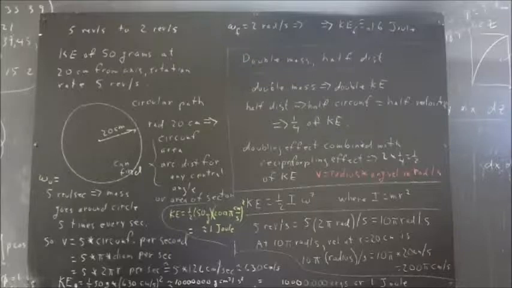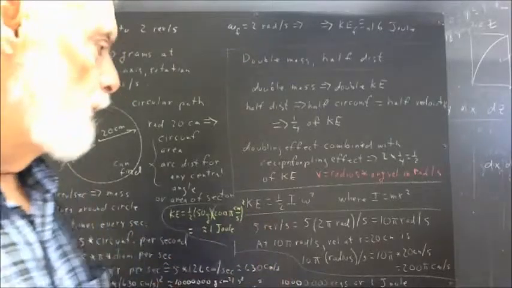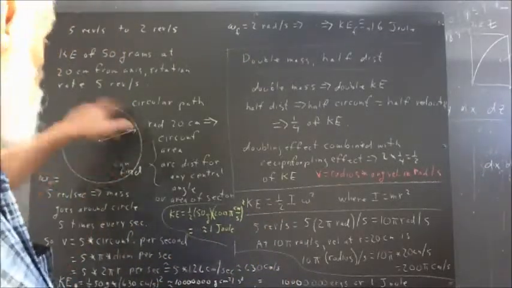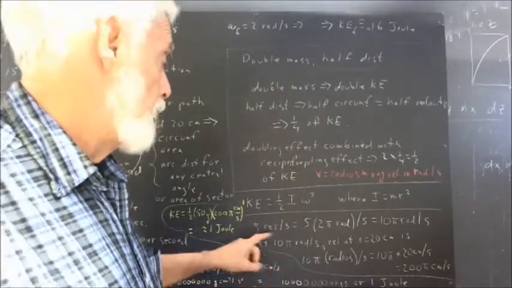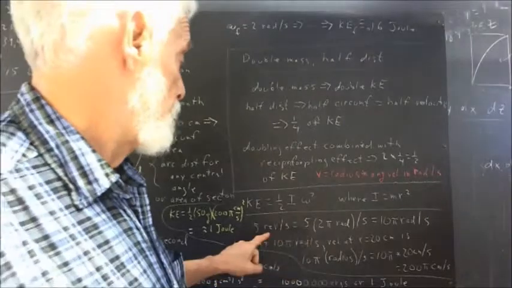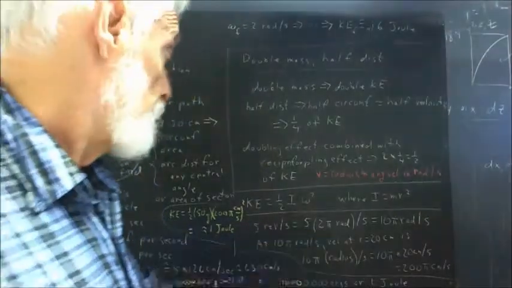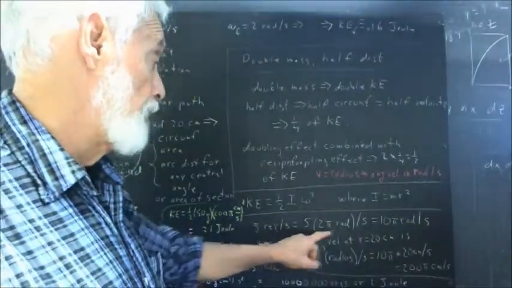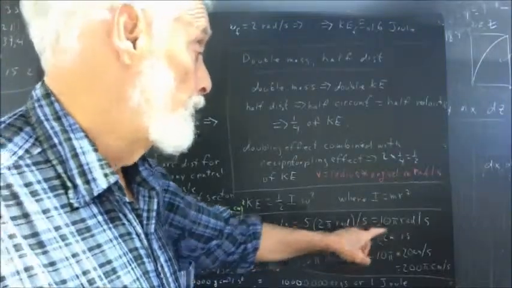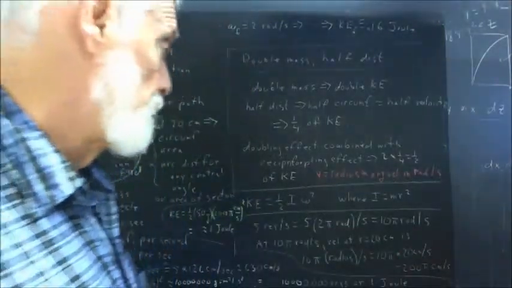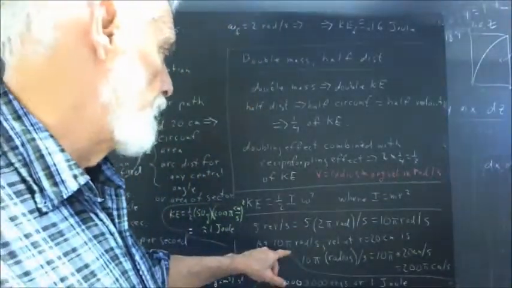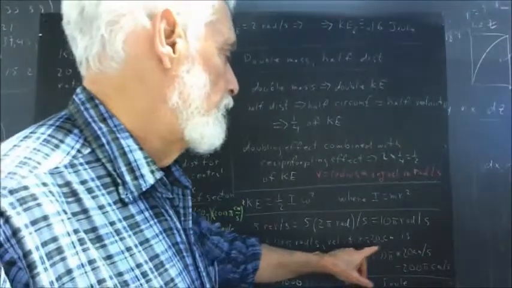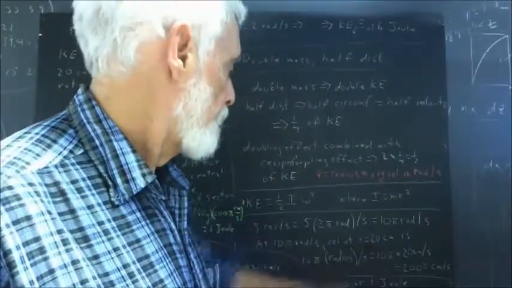Now there's an alternate way of figuring out the velocity of the mass as it goes around the circle. 5 revolutions per second. A revolution is 2 pi radians. So 5 revolutions per second is 5 times 2 pi radians per second, or 10 pi radians per second. So we know our angular velocity is 10 pi radians per second. At 10 pi radians per second, what's the velocity at r equals 20 centimeters?